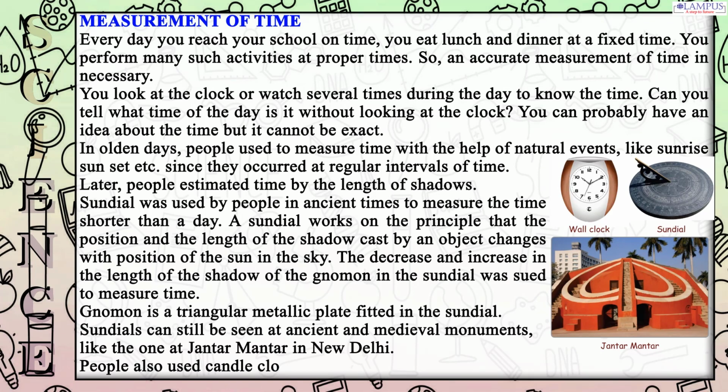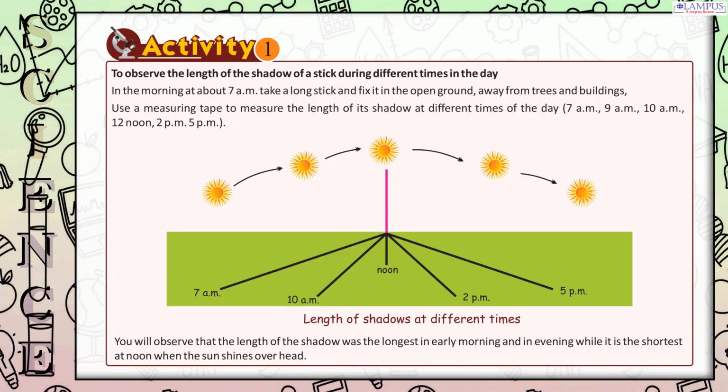People also used candle clocks and sand clocks or hourglass to measure time. Activity 1. To observe the length of the shadow of a stick during different times in the day. In the morning at about 7 am, take a long stick and fix it in the open ground, away from trees and buildings.